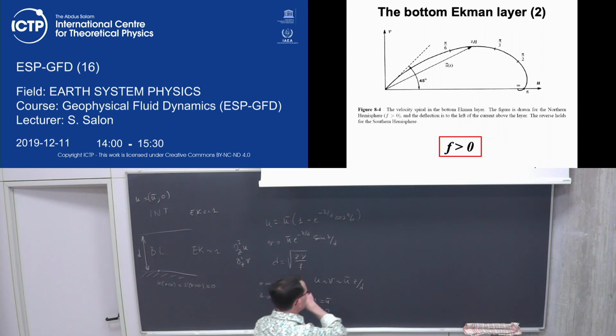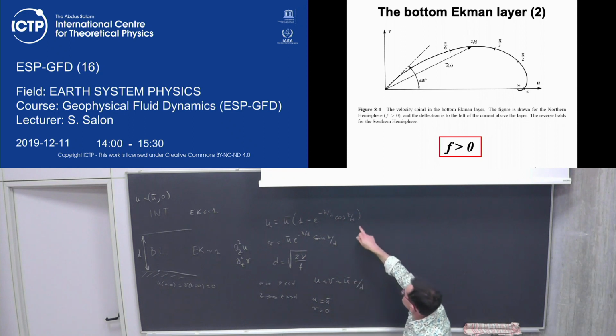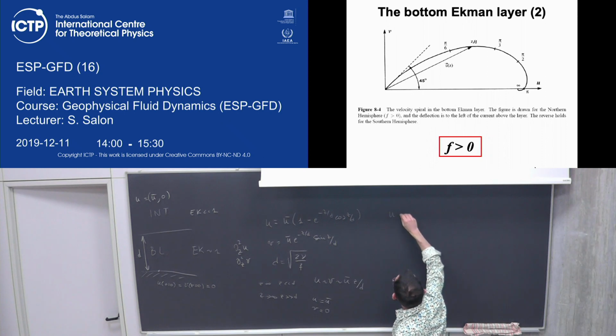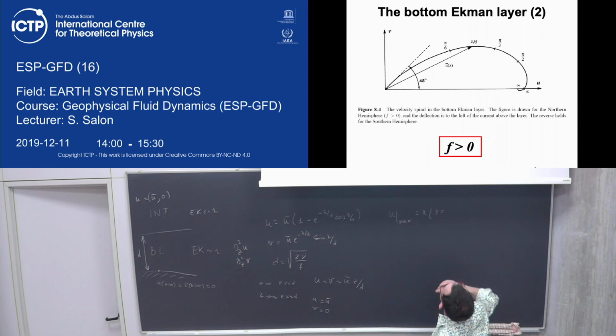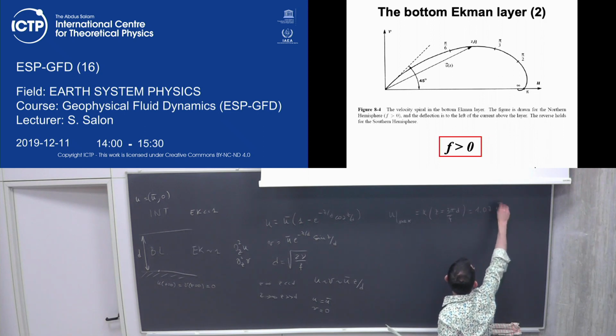The other thing that we can understand is that if we calculate the maximum of u, we say that the maximum, u max, is u at z equal to 3 pi over 4 d, which is 1.07 u bar.